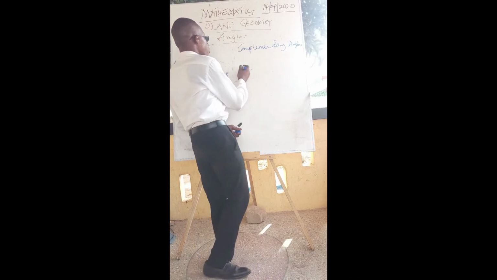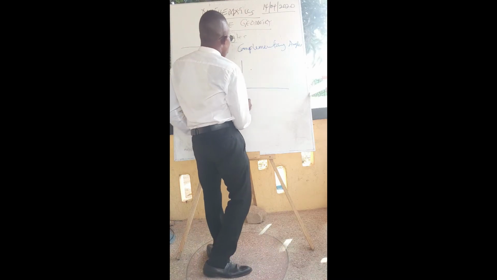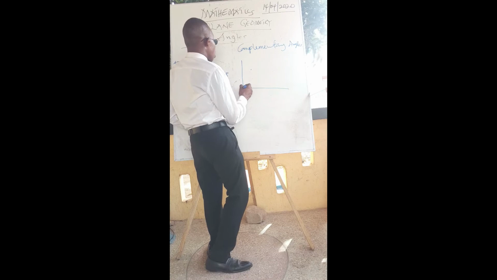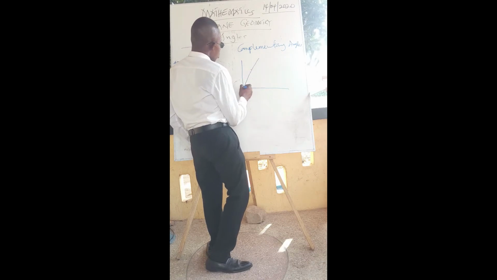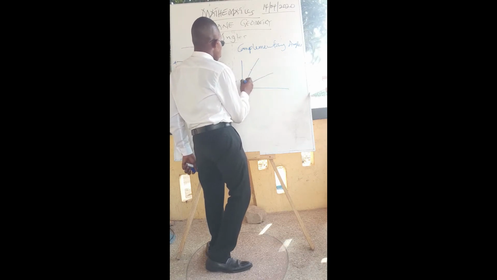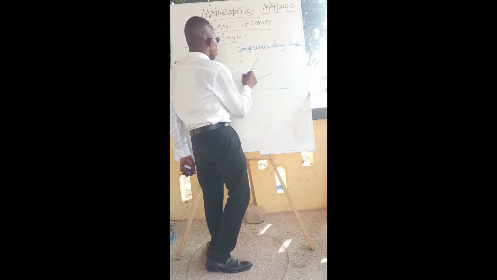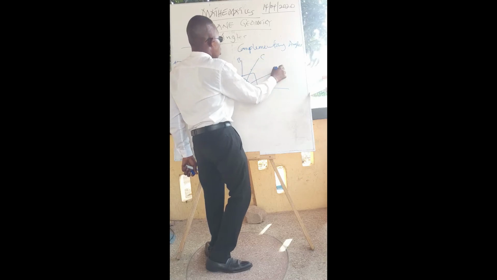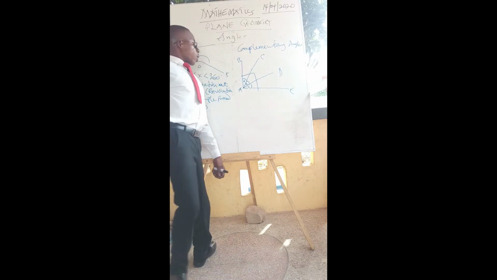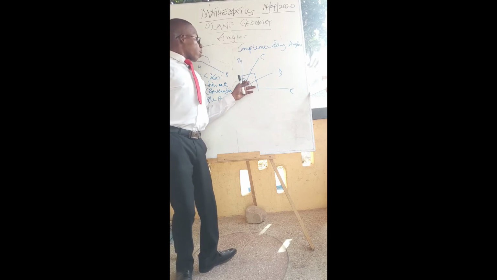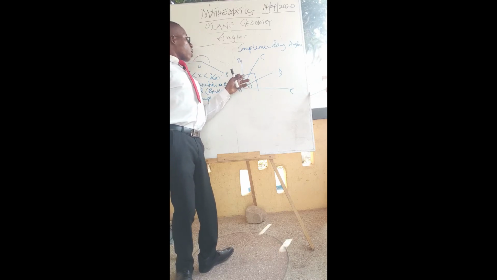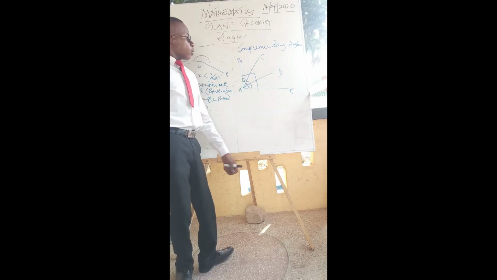Example, we have, you realize that if you add angle A, angle B, angle C, you end up getting 90 degrees.